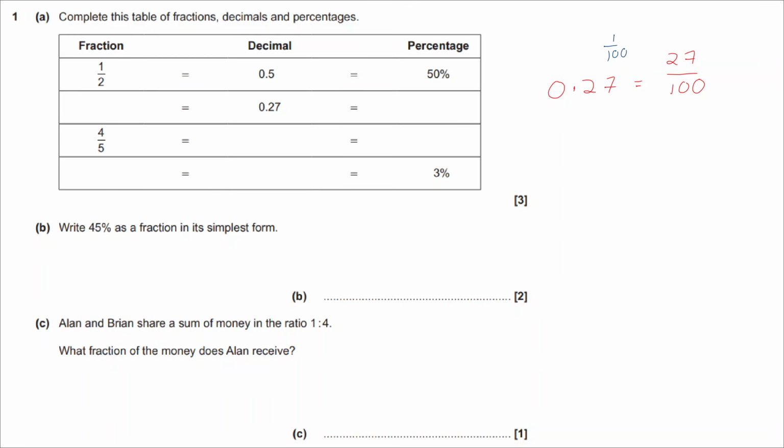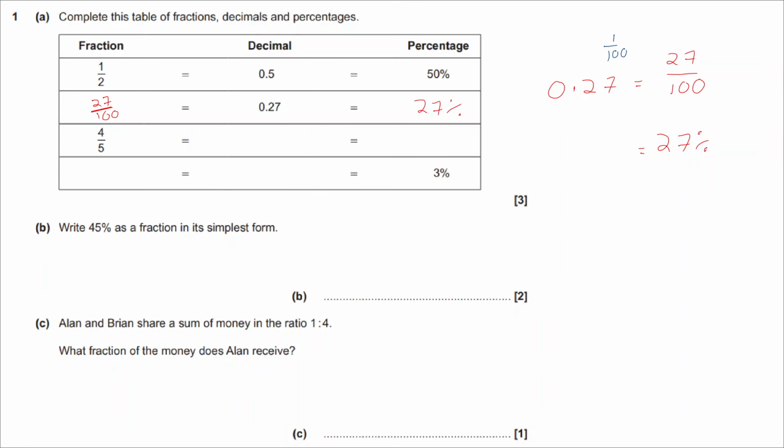So as a fraction, you've got 27 over 100. Okay, and you can't simplify it because you can't divide by a factor. There's no common factor of 27 and 100. Now, as a percentage, well, anything out of 100 is by definition a percent, because percent means per 100. So that is going to be simply 27% is your answer.